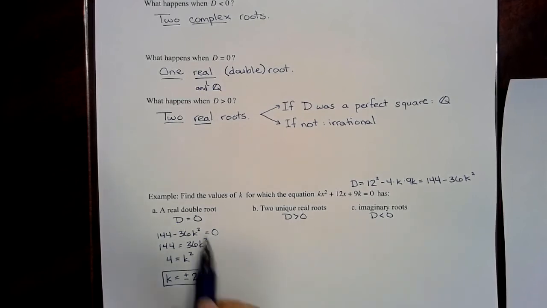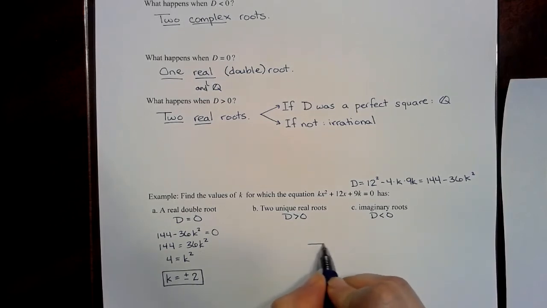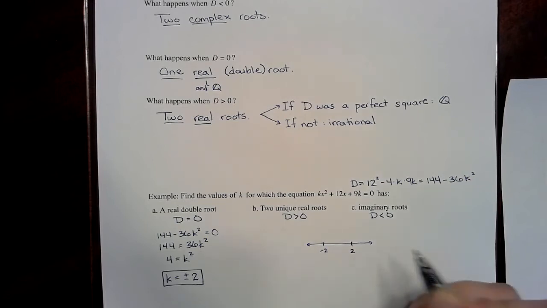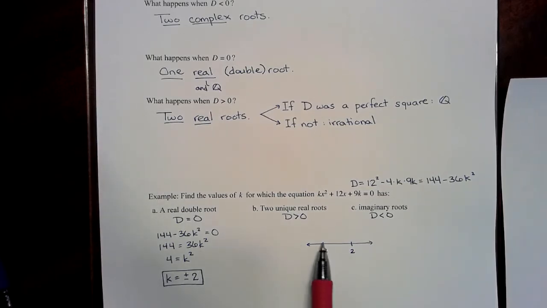Since I already know when the discriminant is 0, I can use that to figure out when it is positive and negative by plotting these numbers on a number line. Now I can test points in each region. I know the discriminant is 0 here and 0 here, so I want to know what it is in between, and on each side.